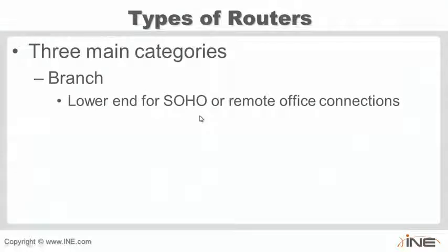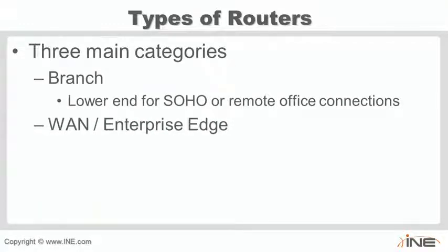Maybe this is what you have connected to your cable modem or your DSL modem. And then this is going to get us to our main offices, which are typically connected by what's known as the WAN routers, or the enterprise edge.